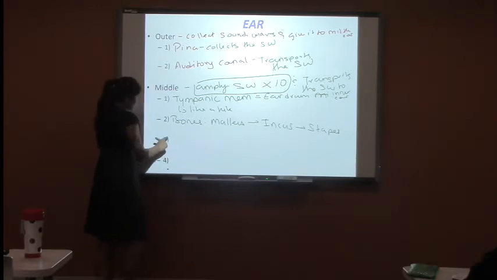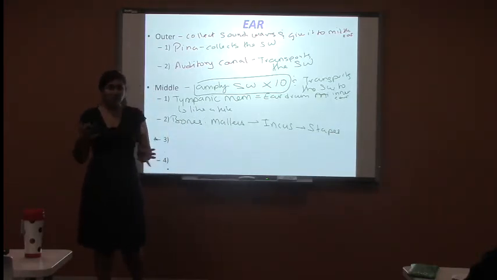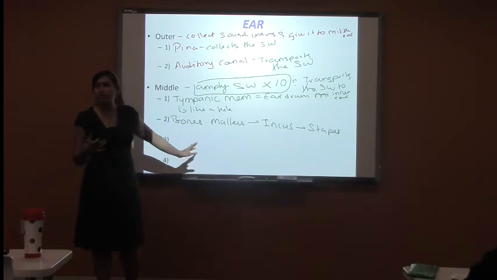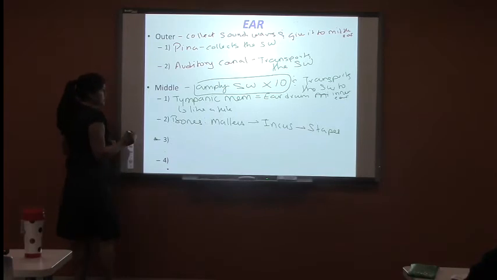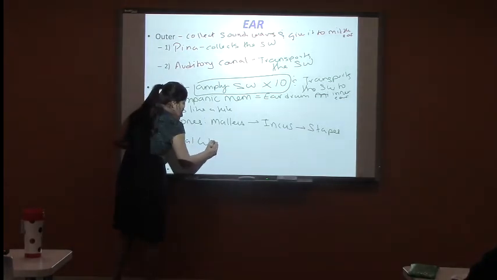Another thing contained within the middle ear, now this structure, some books will call it part of the middle ear, some books will classify it as part of the inner ear. Depending on the book. I'm lecturing to you, so for the lecture, I'm making it part of the middle ear. Oval window.